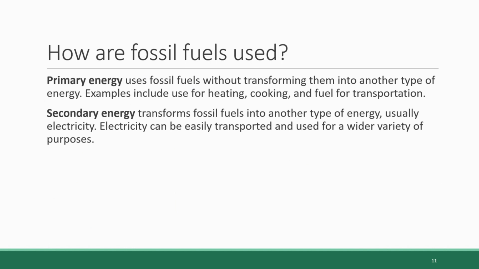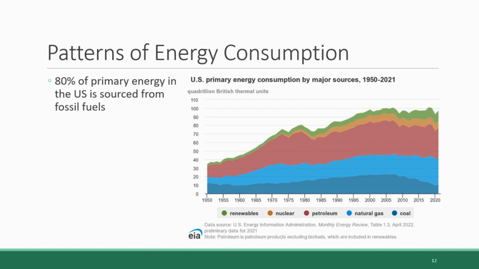Electricity has advantages of being easily transported over long distances compared to fossil fuels, and it's useful for a wider variety of purposes. But to give you a sense of how big a role fossil fuels play in our primary and secondary energy production in the US, 80% of the primary energy here in the US is sourced from fossil fuels.